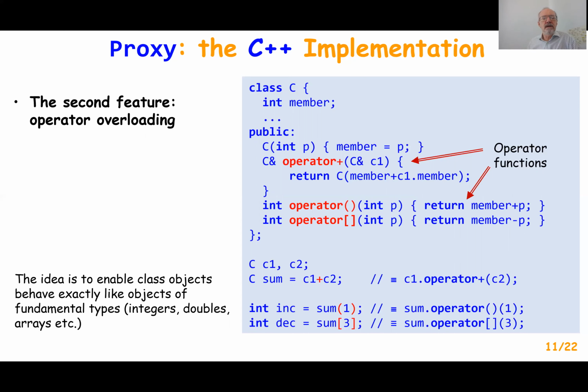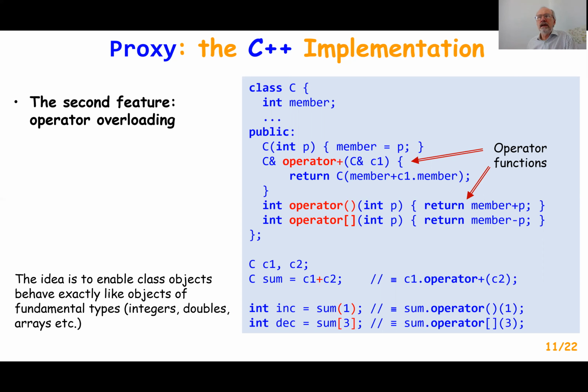The idea is to enable class objects or class instances to behave exactly like objects of fundamental types. Simply speaking, suppose we have two integer objects. What can we do with those objects? The answer is quite simple. We can apply the addition operator to those integer objects.